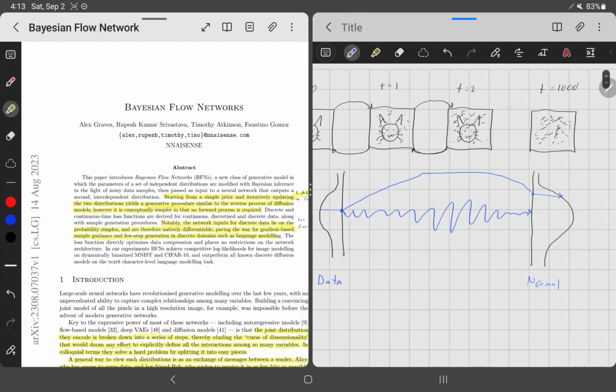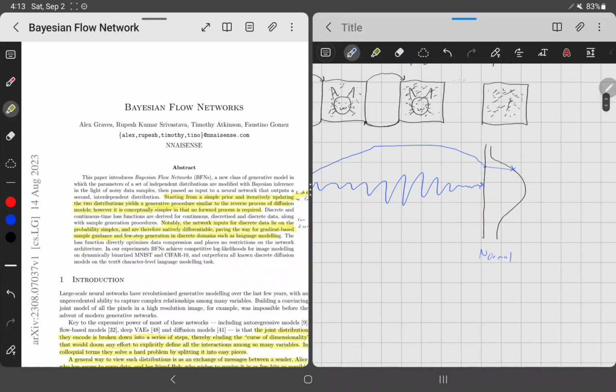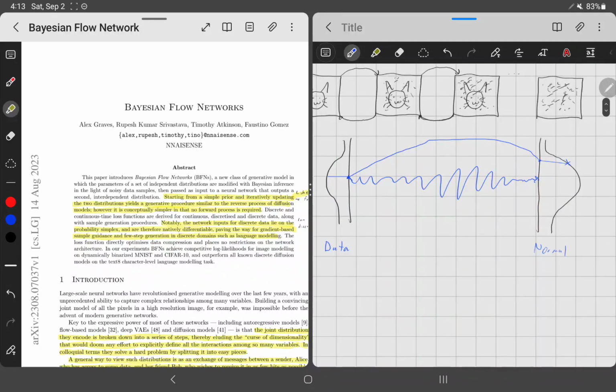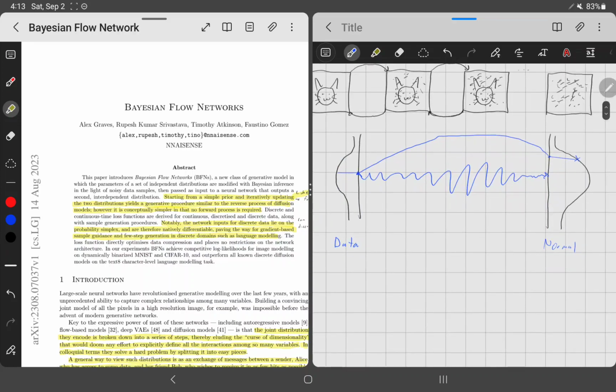And the reverse process, which you teach the model to do, is take this noise and go to the data. Now, this is basically a single point to a distribution. Bayesian flow networks, on the other hand, go from distribution to distribution, and the model is predicting distribution to distribution, not distribution to data.